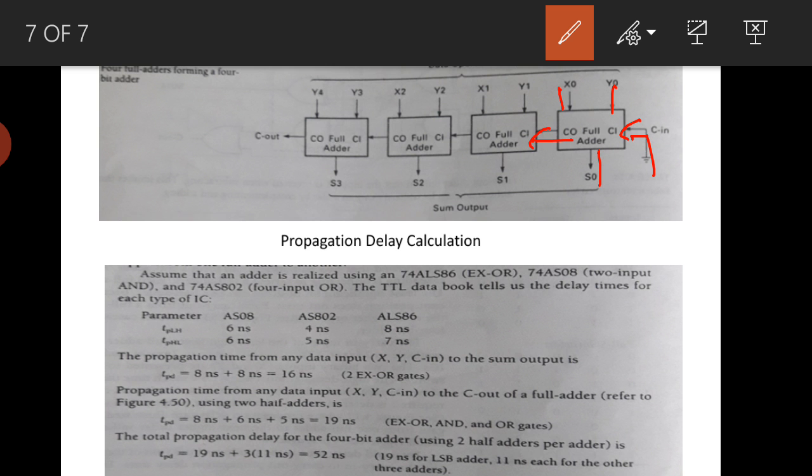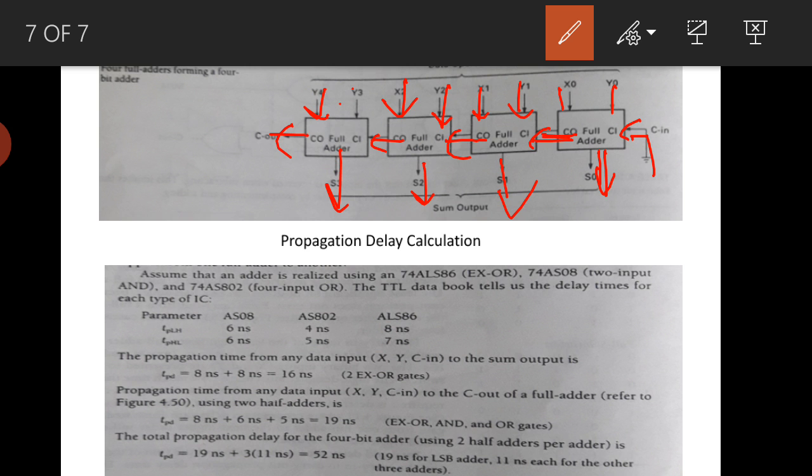The same thing we are seeing here: 3 inputs, 1 output, again 3 inputs, 1 output, again 3 inputs and 1 output, and 2 outputs here, 1 output here, 1 output here.